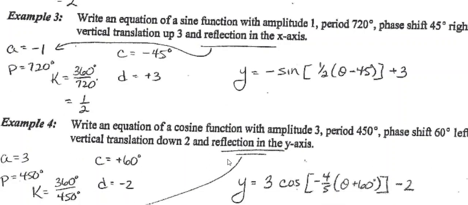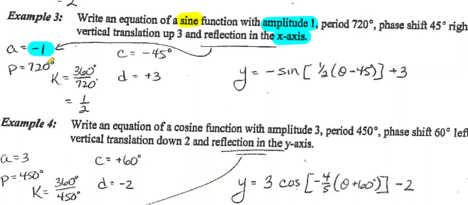All right, example 3. Write the equation of a sine function with amplitude 1, period is 720 degrees, phase shift 45 degrees right, vertical translation up 3, and reflection in the x-axis. Let's look at this. Reflection in the x-axis and the amplitude go together, so your A value is negative 1.